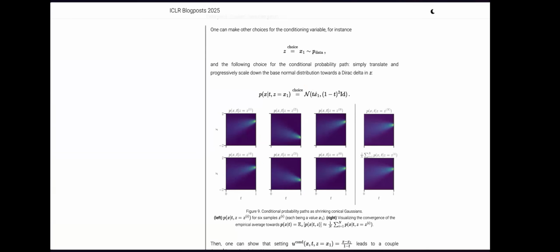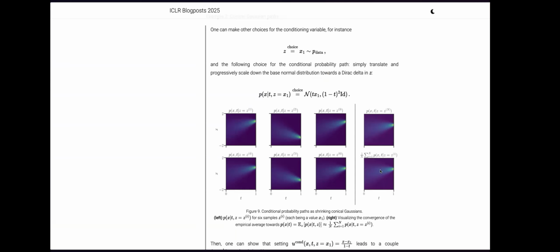That's fine. And on the other side, it is N of x1, 0, so a normal distribution with mean x1 but with no variance. So it's exactly x1. Everywhere in between is on this cone, right? Okay, so now this is what you wanted to see.